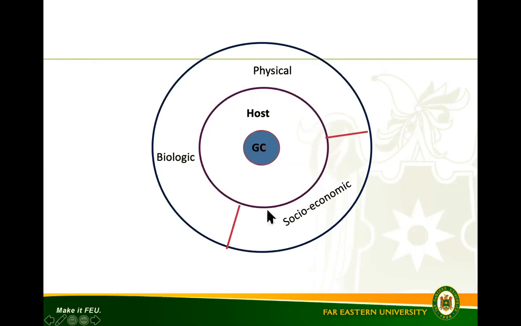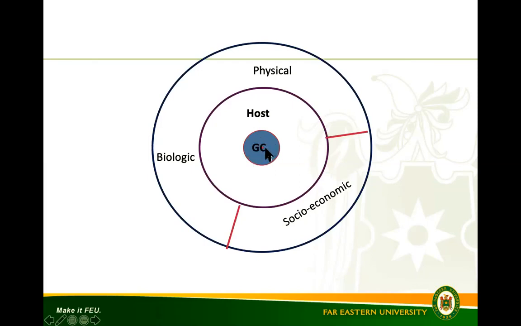The relative sizes of the different components of the wheel depend on the specific disease problem under consideration or under investigation. Now, for hereditary diseases, the genetic core would be relatively large.